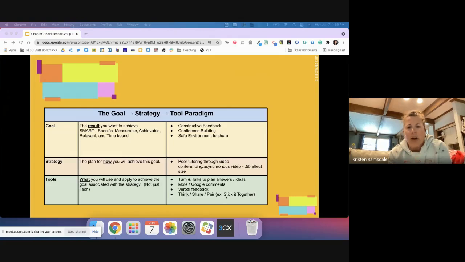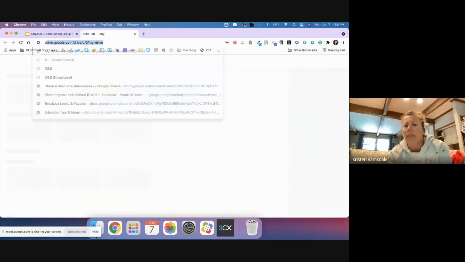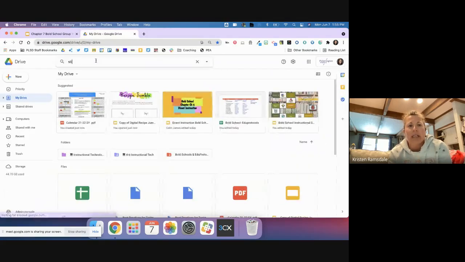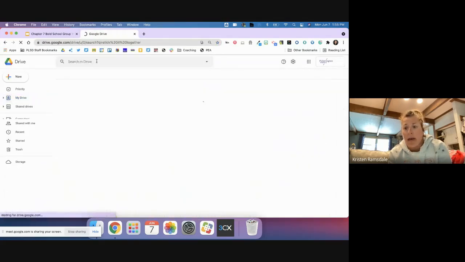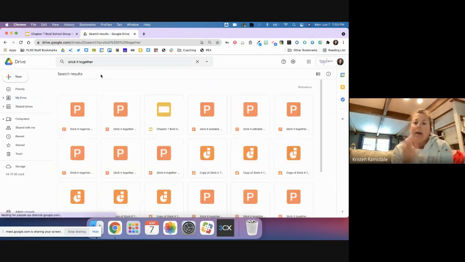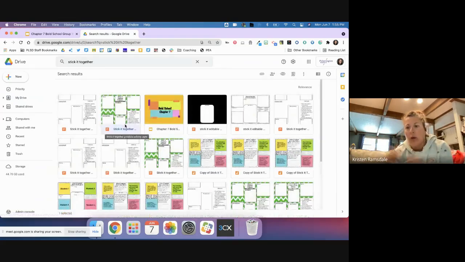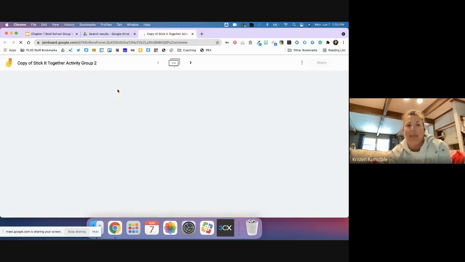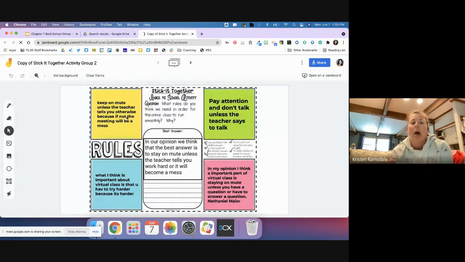The Stick It Together, I don't think I linked that on there, Stephanie, but we can do that later, which is really cool. I think we've all done that before. Oh, she's good. She knows where it's at. A Stick It Together is, I used it in math, where each kid had to solve the problem on a Post-it, and then you come together and share how you solved it.